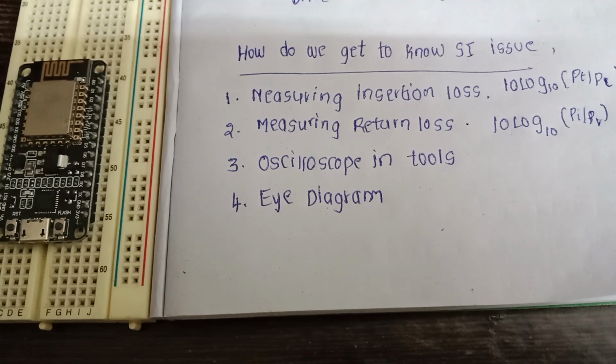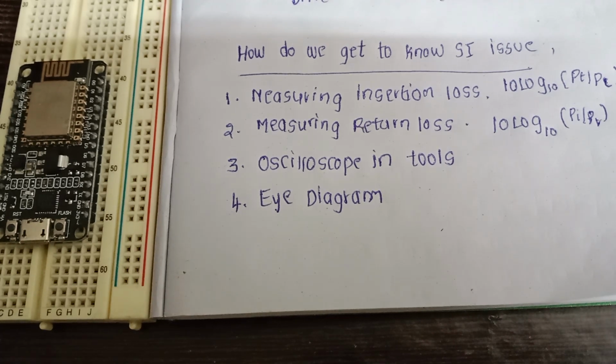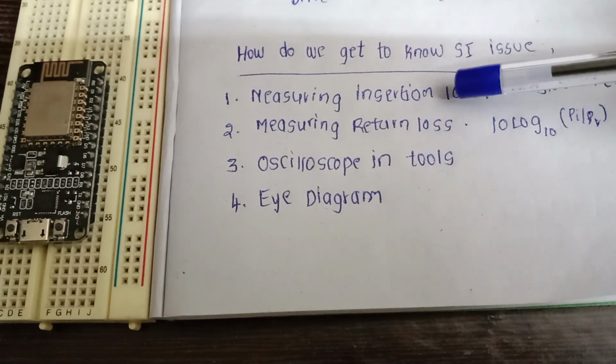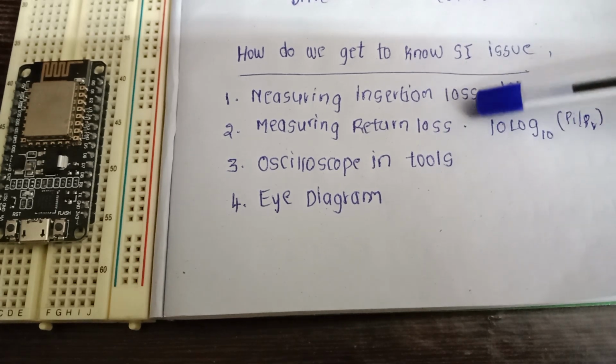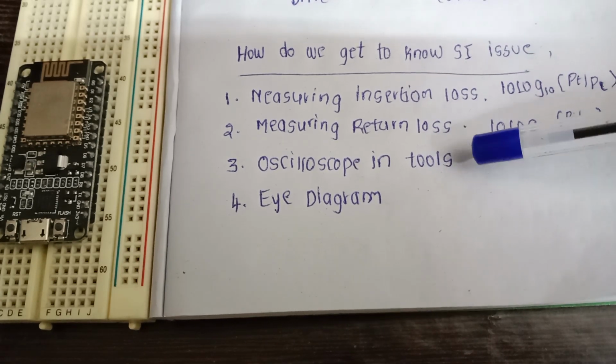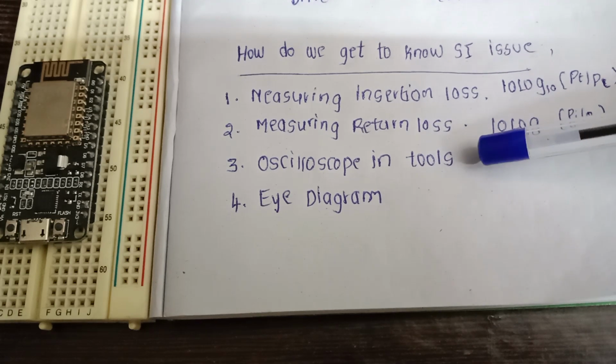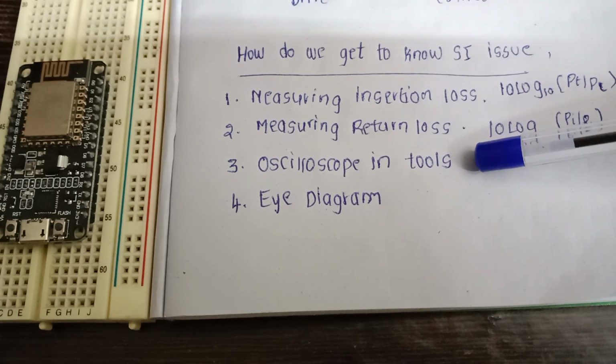And all the parameters like rise time, fall time, maximum peak, average value, all these can be calculated in those oscilloscope tools, which is a very important tool, right? Whereas if you do just insertion and return loss, you just get the loss associated with the channel, but you get to know the actual signal parameters in the oscilloscope tools.